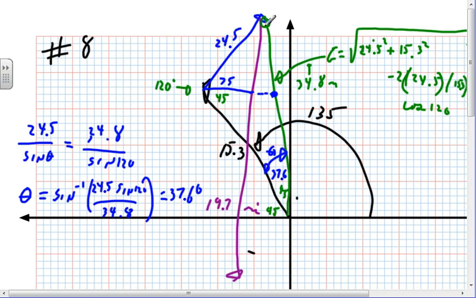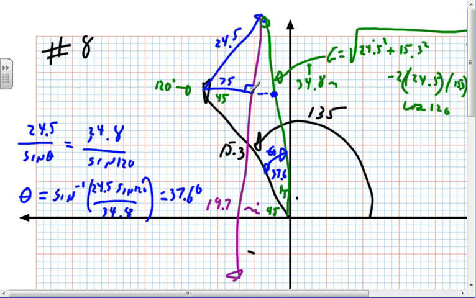I know this. It'd be nice to know this angle up here. How am I going to get that angle? Now my drawing is so messed up that I can't see what I'm doing. Okay, wait a minute. This guy's due south, right? So this is a right angle.